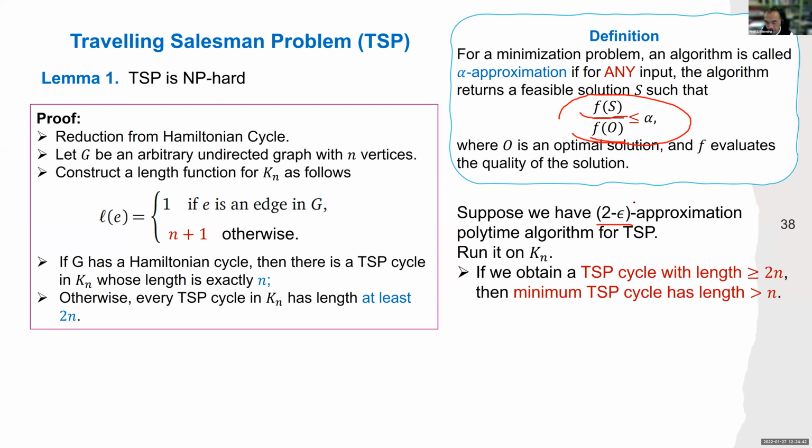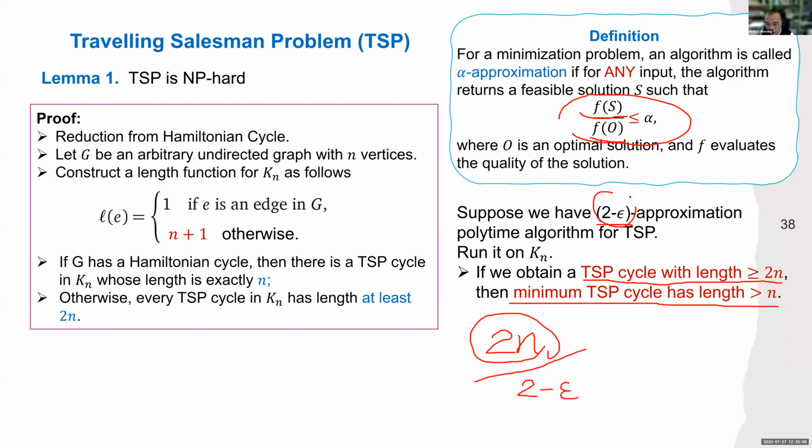Now, if we obtain a TSP cycle with length larger than or equal to 2n, that means minimum TSP length is larger than n. Now, you see we're doing this: 2n divided by 2 minus epsilon, because this 2n is such an approximation. It's a 2 minus epsilon approximation.